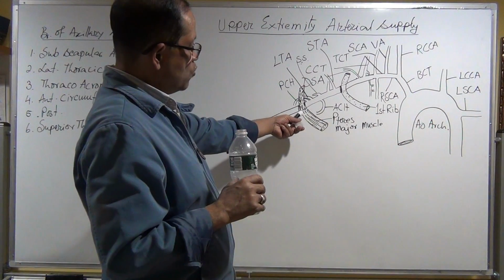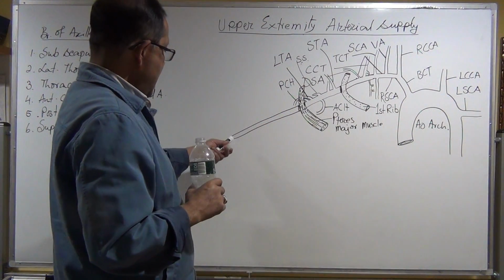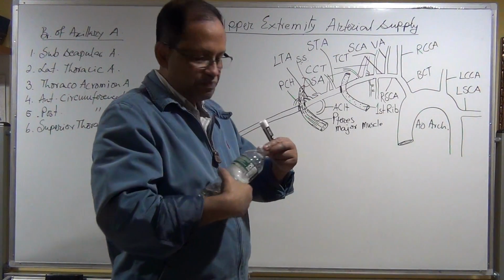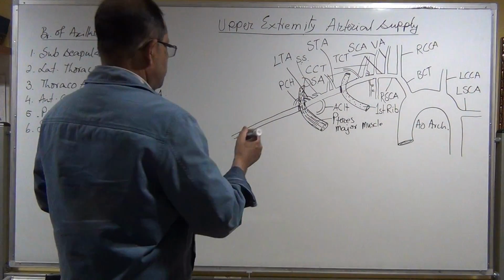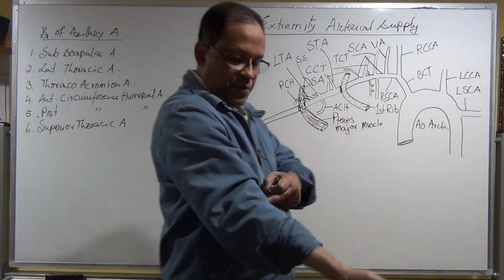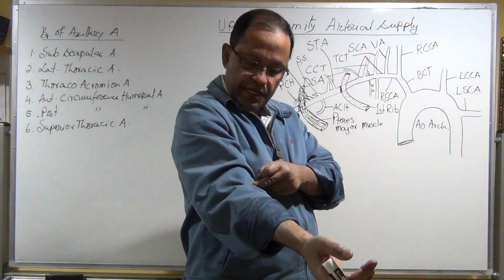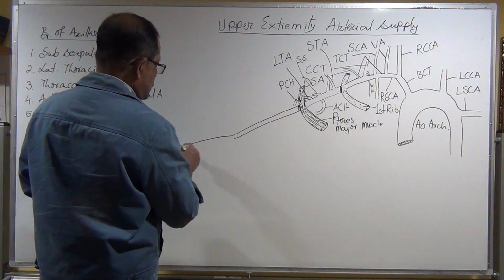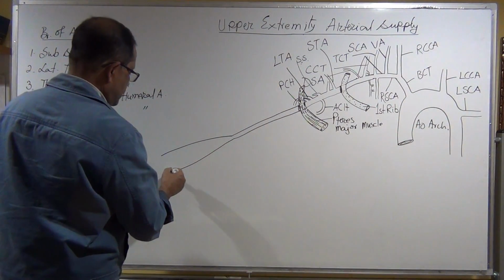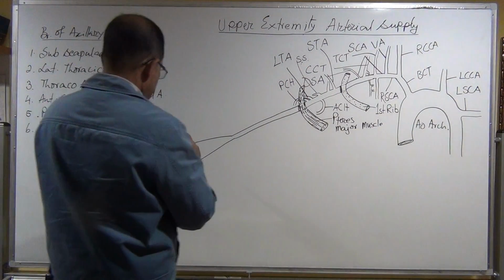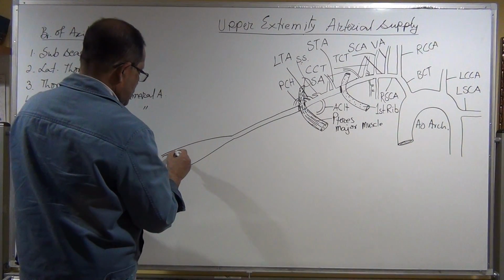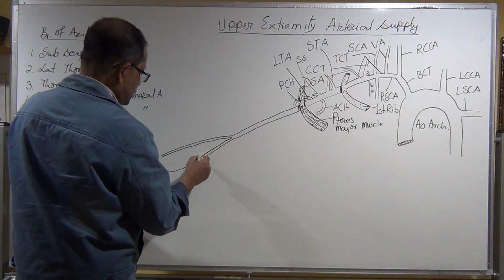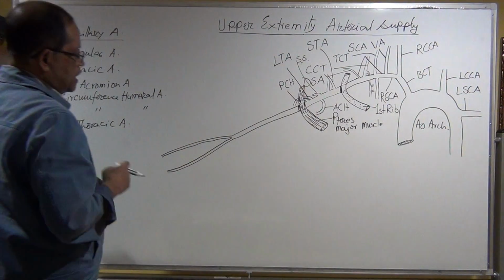It starts from the outer border of the teres major muscle and it ends at the cubital fossa, and at the cubital fossa, sometimes a little above or sometimes a little down, it splits into radial and ulnar arteries.